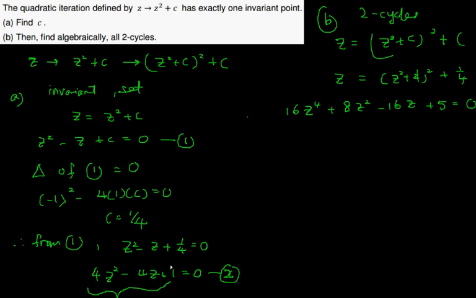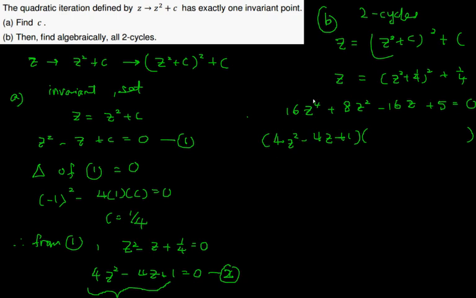So in other words, this, 4z squared minus 4z plus 1, would definitely form a factor of this expression, and so the remaining factor would also be a quadratic.